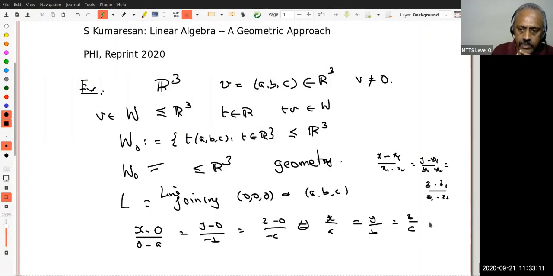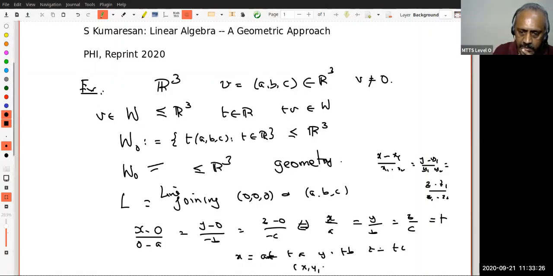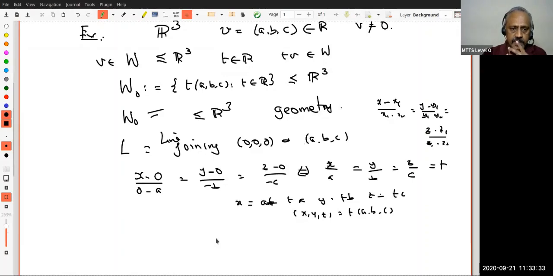So call this common number equal to t, then what do I have? x equal to a times t, or let us say t times a, y equal to t times b, and z equal to t times c. That is, (x, y, z) is t times (a, b, c). You follow that?